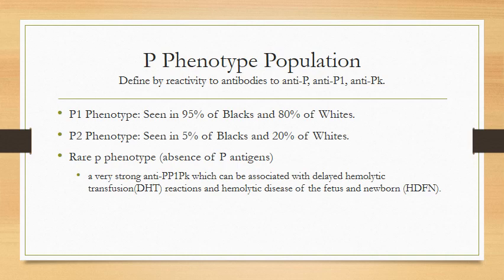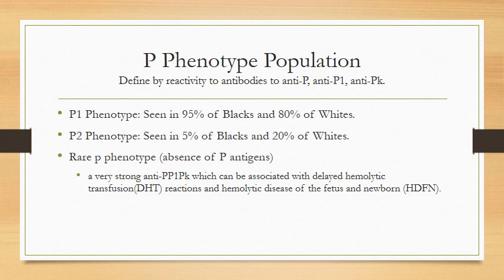In terms of those five phenotypes, the P1 phenotype is the dominant phenotype among the populations, seen in 95% of blacks and 80% of whites.